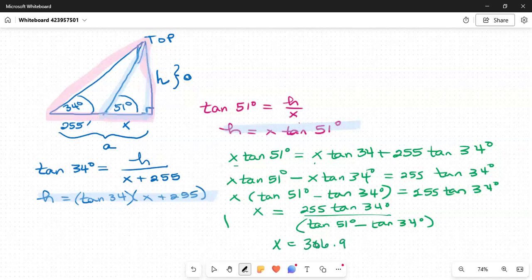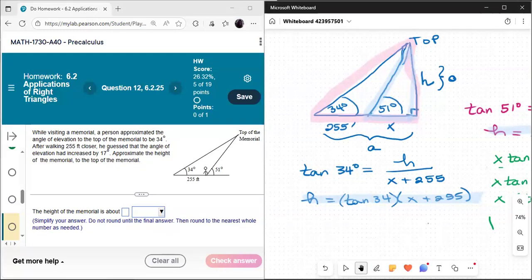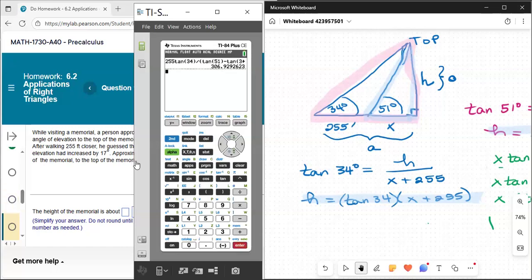Just round it according to what the instructions tell you. It says round to the nearest whole number as needed. So we have 307. So X is 307 feet.